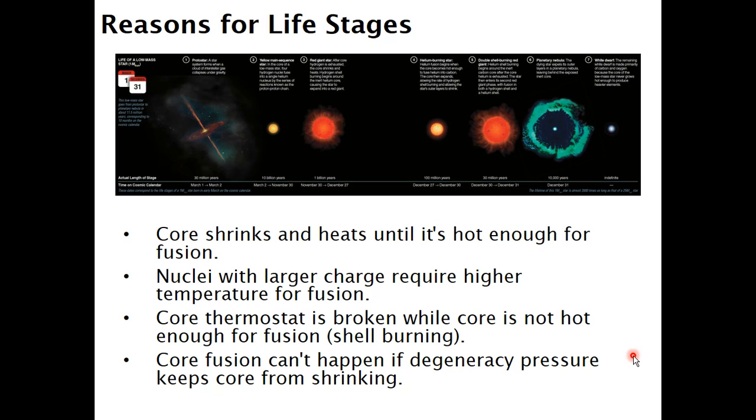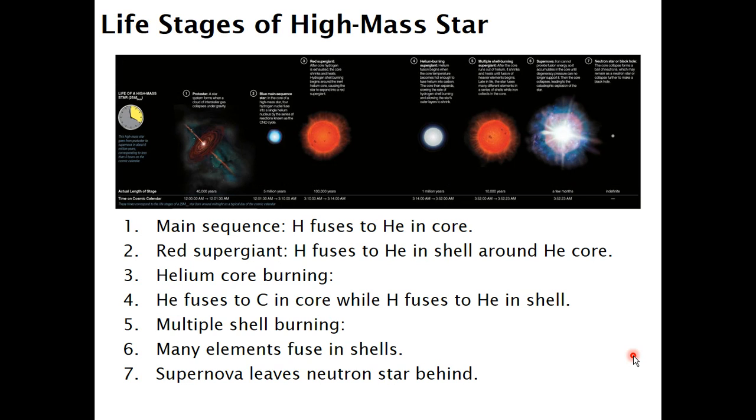And all of this is basically the gravitational contraction versus the thermal pressure outwards, or the degeneracy pressure outwards. So in a high mass star, you get multiple shells burning stably and lots of different elements produced. And eventually, you produce iron, and it kills the fusion, and you end up with a supernova.